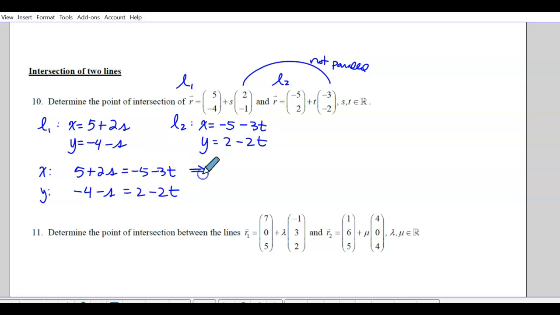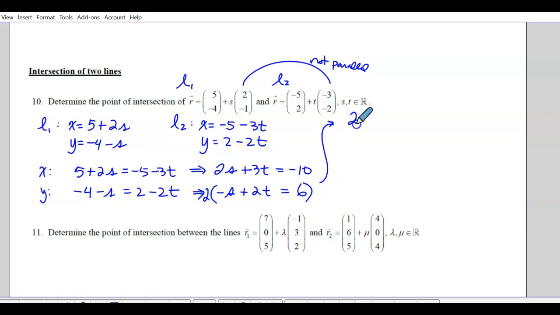And actually, I'll simplify this a little bit. I'll get s's and t's on one side, and then solve that system. So here, I'm going to multiply this by 2.